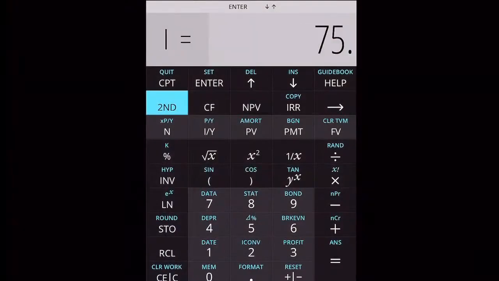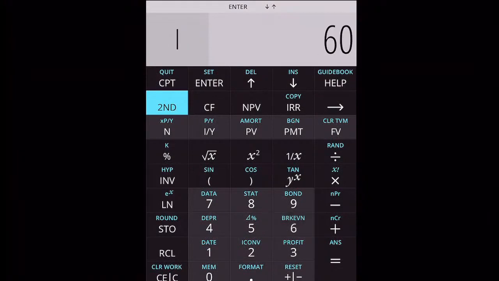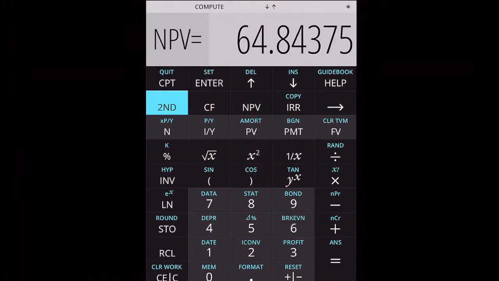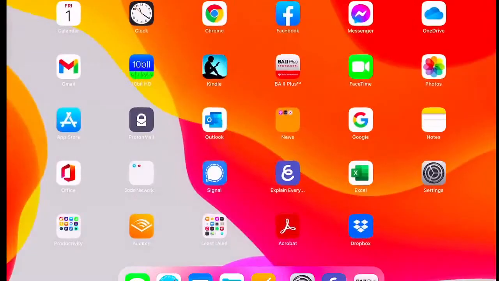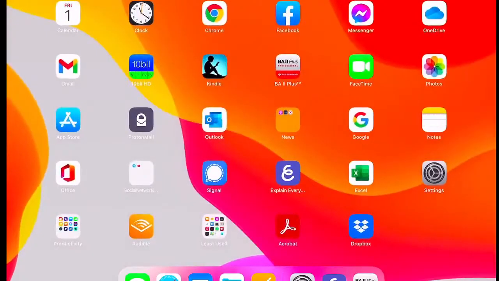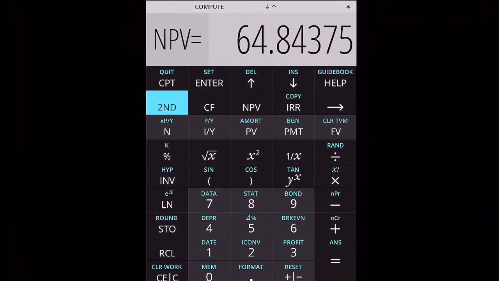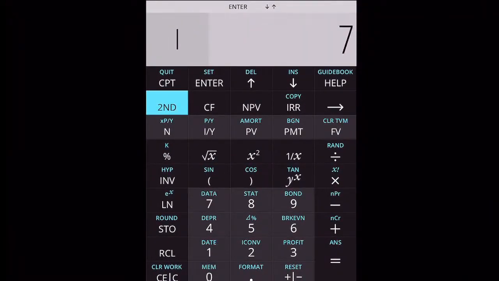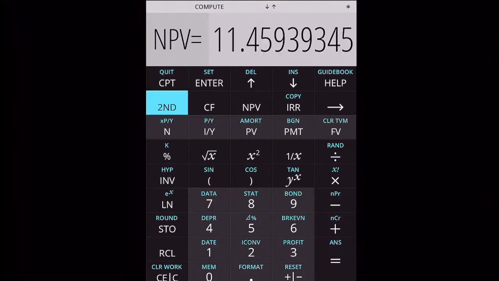I'm going to enter the interest rate as 60, enter down, recompute, positive. The next one will be 70. Positive.